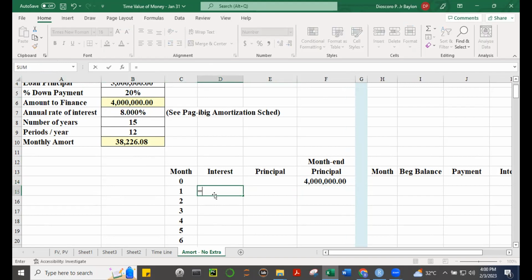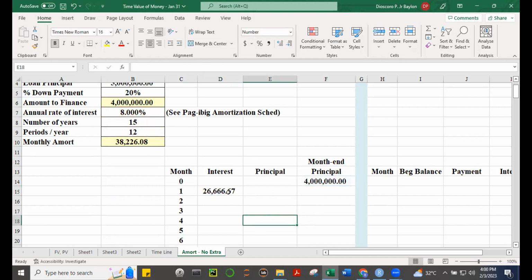For the first month, it will be equal to the principal balance multiplied by the interest rate divided by the periods per year. So that should be the monthly interest rate multiplied by the principal balance of the previous month. Control Enter. So I'm getting an interest of 26,000 for the first month.